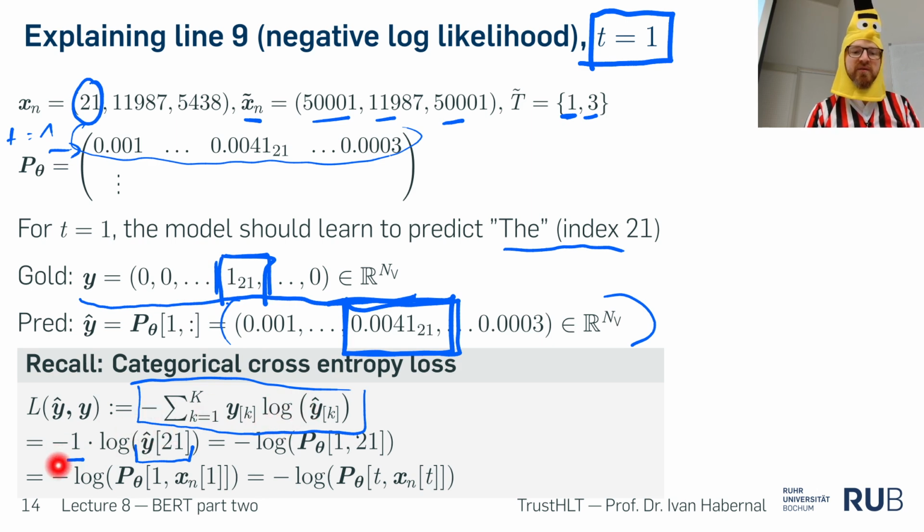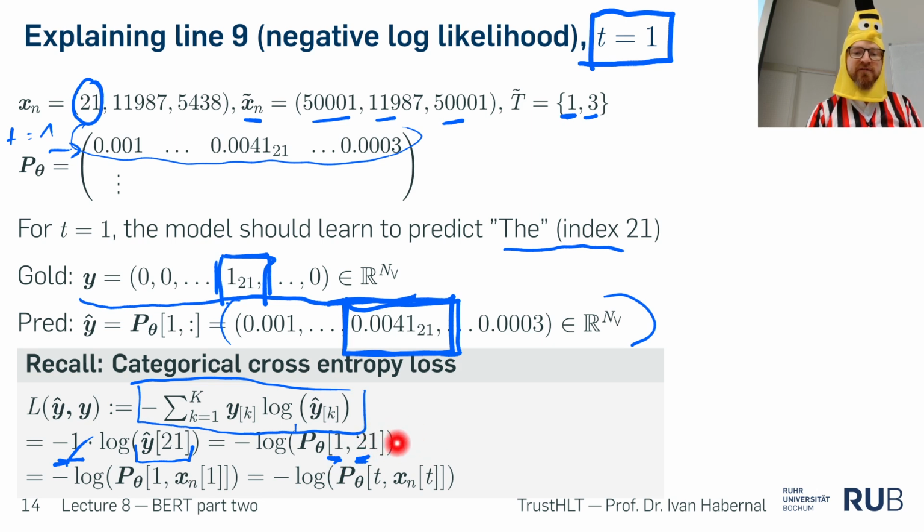We have the minus here, so we keep the minus. Okay, so this is what we have. It simplifies to taking the whole matrix at row 1, the first row, at position 21, and taking a logarithm.